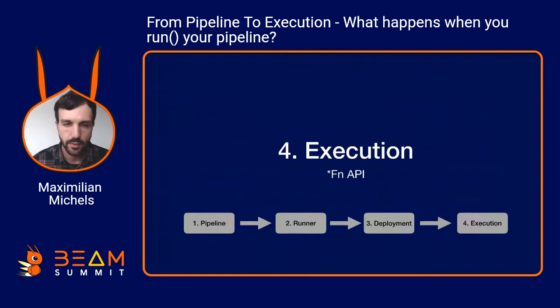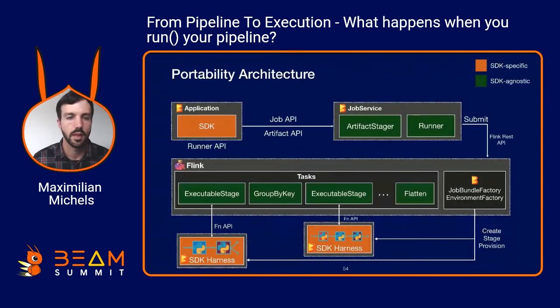So finally, let's get to the execution part. This is the complete picture here. We have these multiple Python transforms fused together, running in the executable stage, in the environment, which communicates with the executable stage.